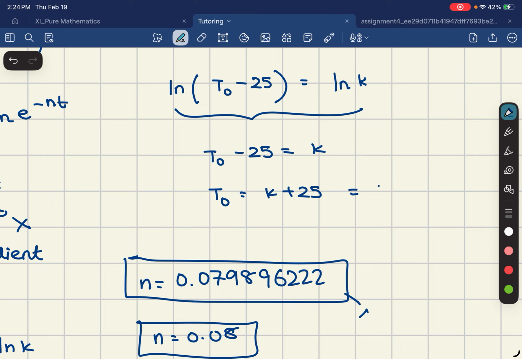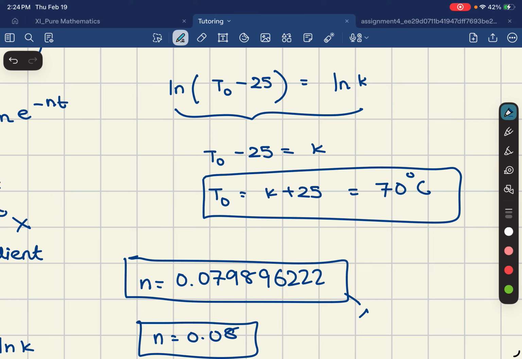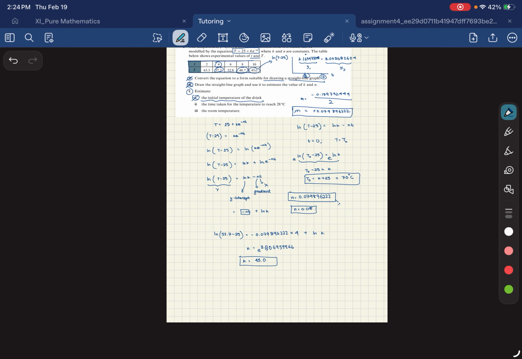So 45 plus 25 gives me 70 degrees Celsius.